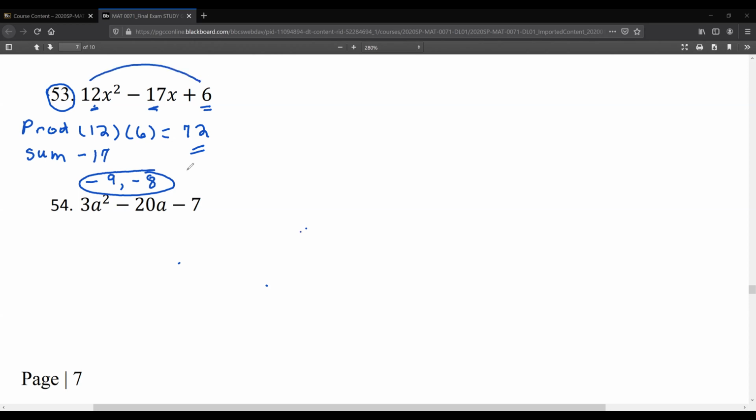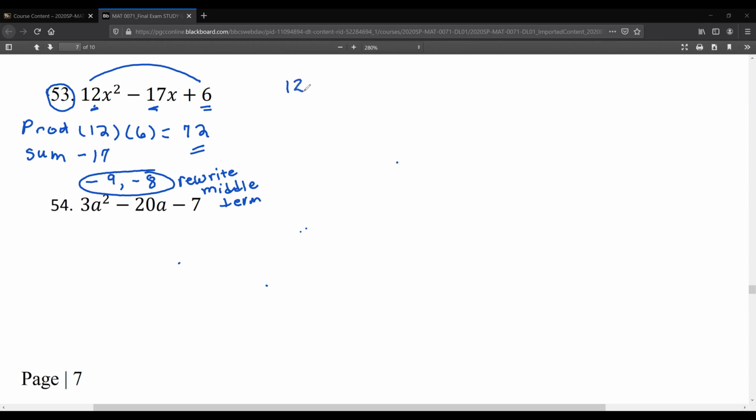You have to rewrite the middle term. So remember, whenever you have to multiply A times C, you have to rewrite the middle term. And when you rewrite the middle term, this is where we start factor by grouping. All right, so let's rewrite the middle term.